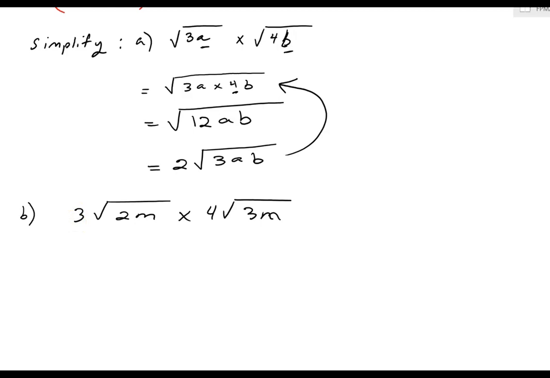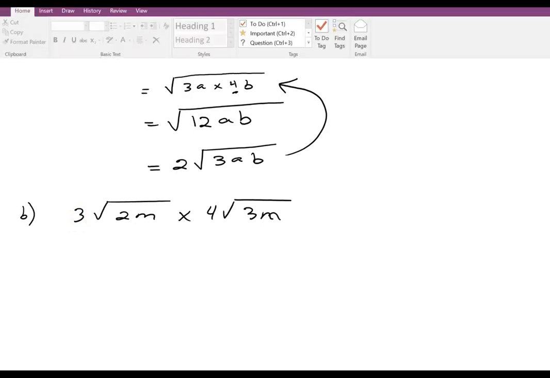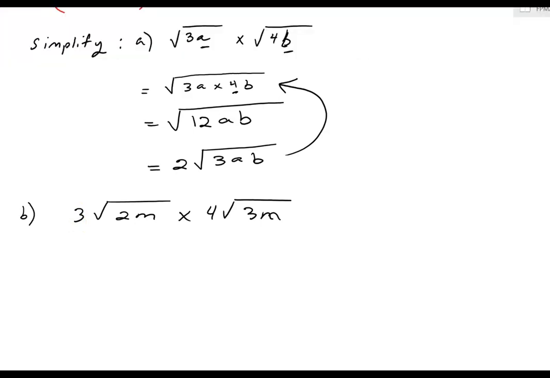From the last unit or section, outside numbers you multiply, so that would be 12 outside. The inside, so you have the square root of 2m times 3m.